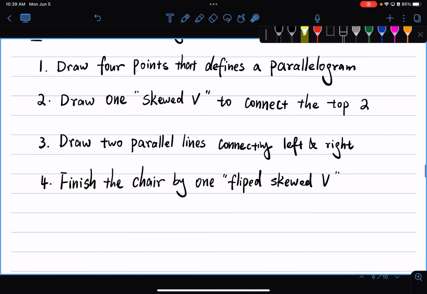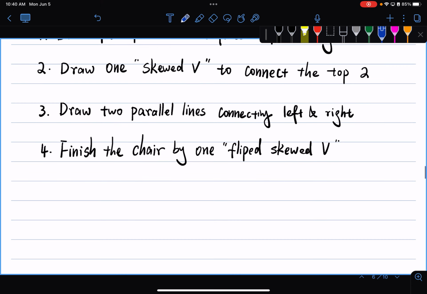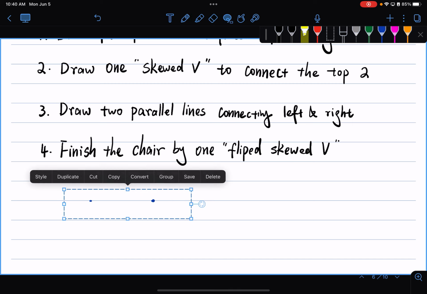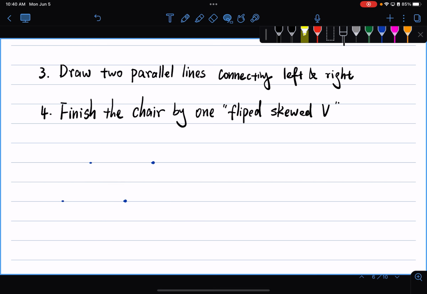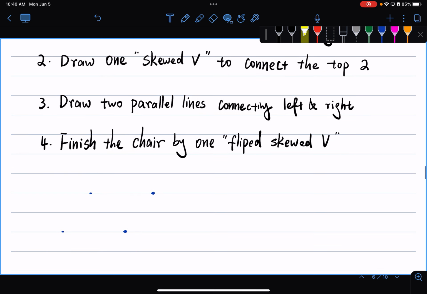Now, my personal trick in drawing a chair that looks good is, first, I use 4 points to define a parallelogram. So you have two lines parallel to each other. These 2 dots define the top line, and I want it to be perpendicular to each other. So we can draw it on the left hand, like perpendicular. It's a parallelogram.